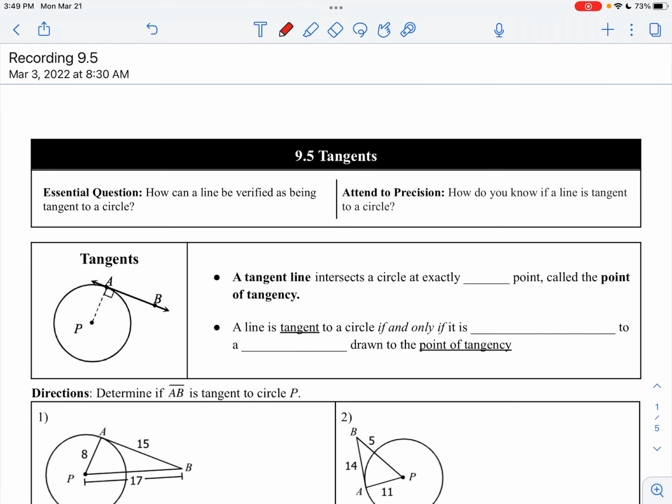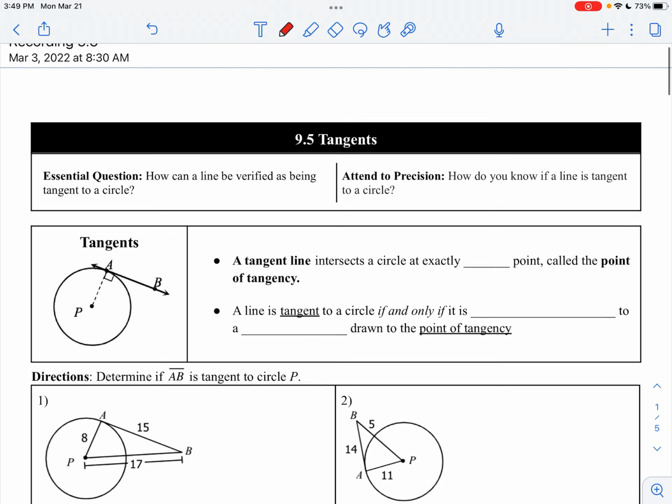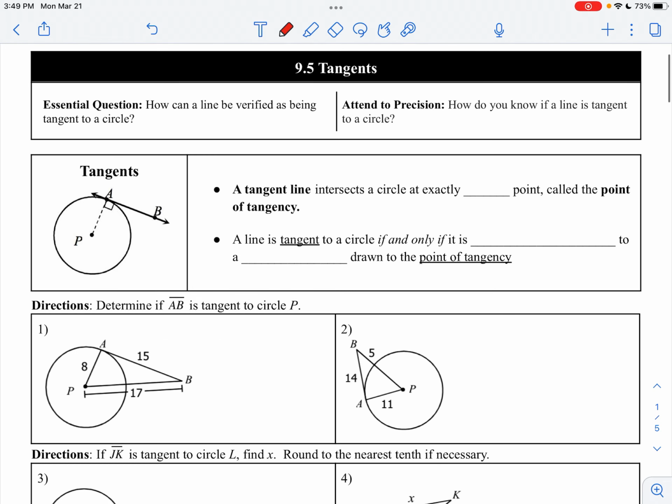Welcome to section 9.5. In this section, we are going to learn properties of tangents and how to use those properties to solve problems. So to review, a tangent line intersects a circle at exactly one point, called the point of tangency.